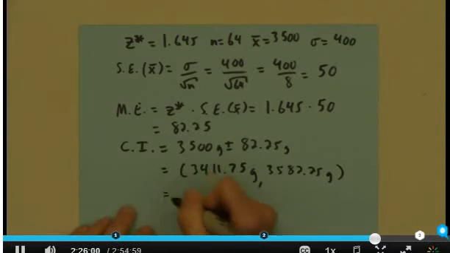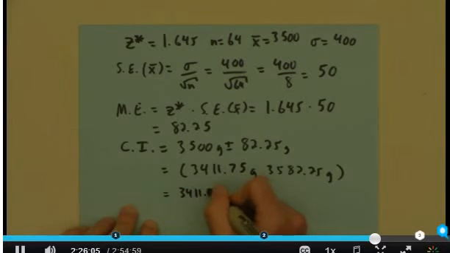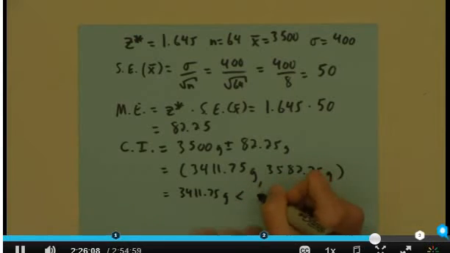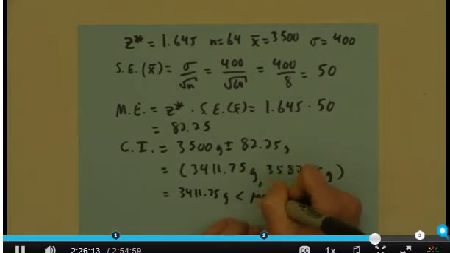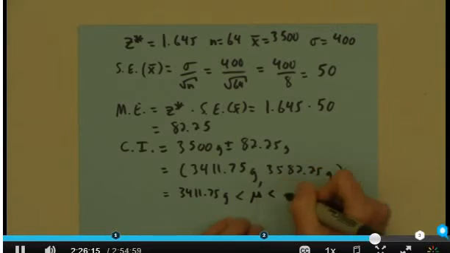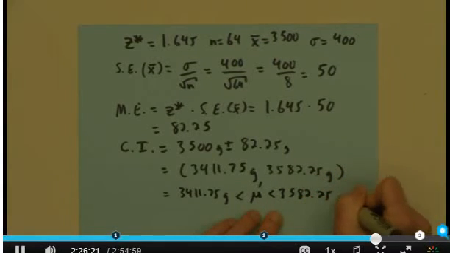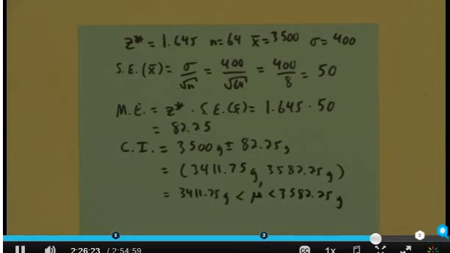If I wanted to write that as a triple inequality, I would have the same two numbers, and that's less than what I'm trying to estimate here, which I'd call mu, the population mean. So between 3411.75 and 3582.25 grams. And again, that is a 90% confidence interval.